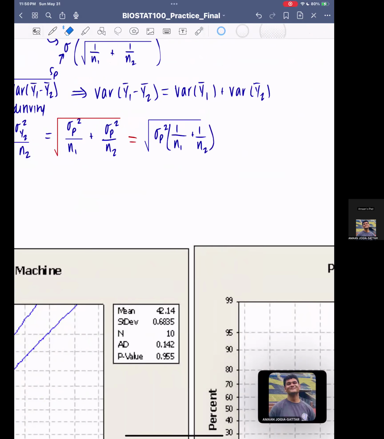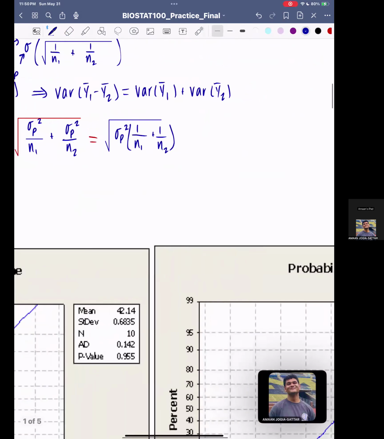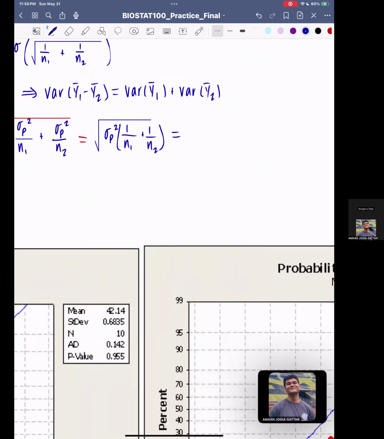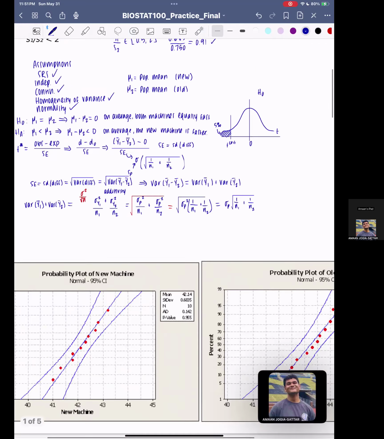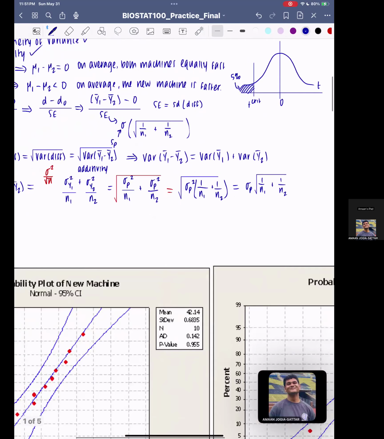Sorry for that random dot. And this is going to be equal to, we can bring that sigma p out of the square root times the square root of the reciprocals of the sample size. So that's just showing you if you were like, where does that come from? That's where it comes from. So this is this.